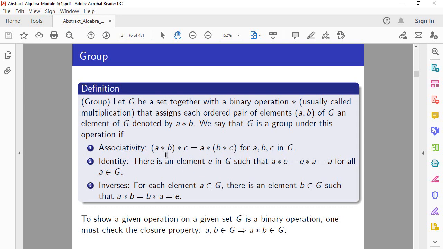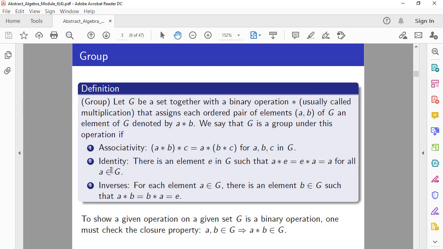On the left hand side, star is applied to A and B, and then star is applied to the result of that and C. On the right hand side, the star is applied to B and C first, and then star is applied to A and the result of B star C. And so if we are multiplying a sequence of 3 elements A, B, C in G, then this property tells us that it doesn't matter where we put the parentheses.